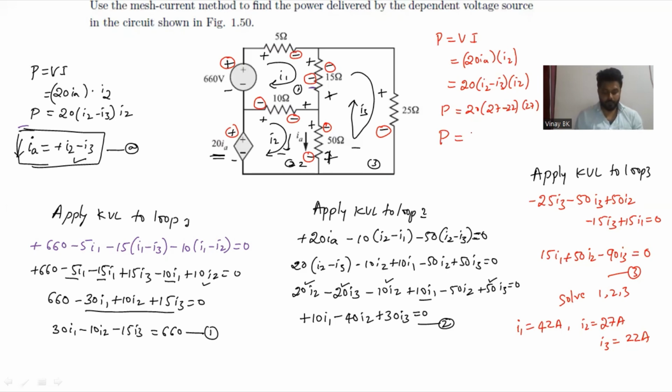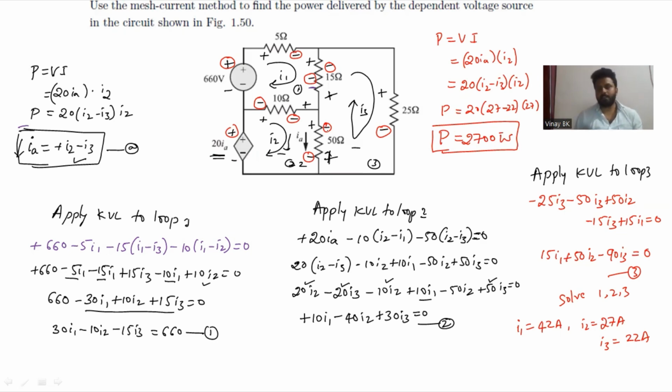So 20 into 27 minus 22, that is 5, into 27. You get 2700 watts. This is the power delivered by the dependent source.